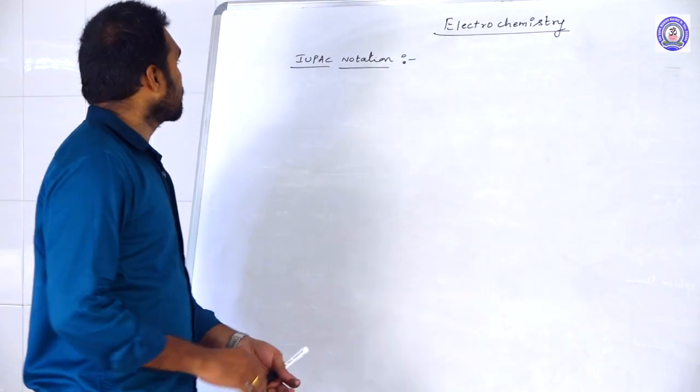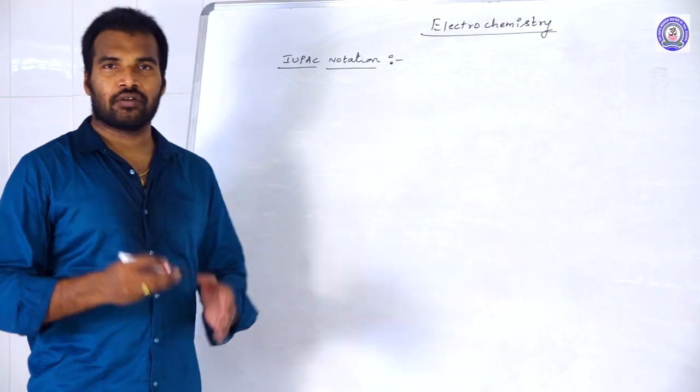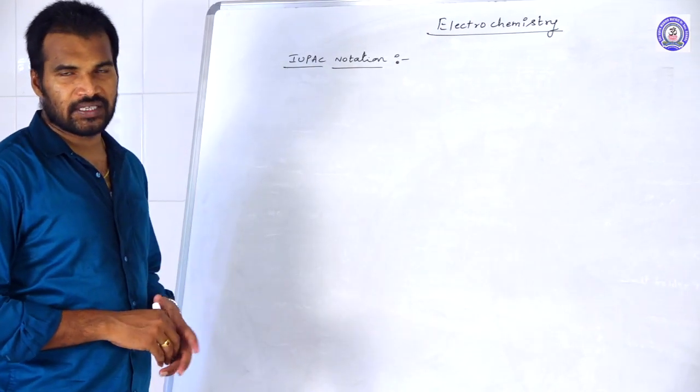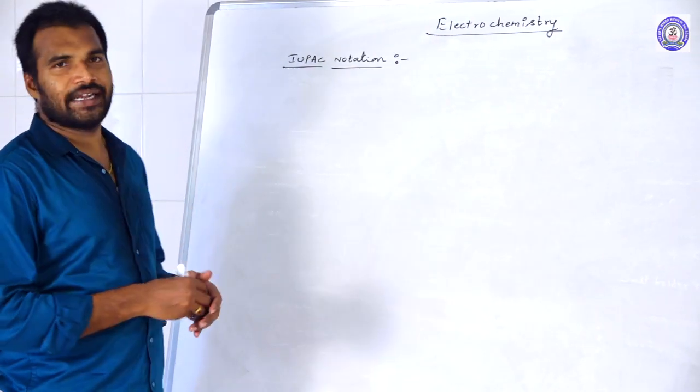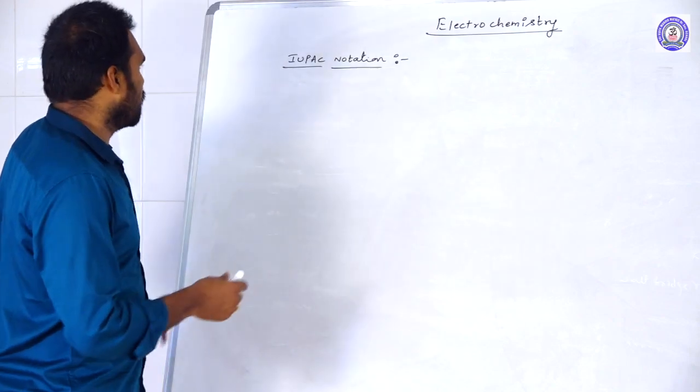Now in this segment of video, let us discuss IUPAC notation of a galvanic cell. As per the IUPAC norms, how to notate? So what is the representation of the galvanic cell in this form?